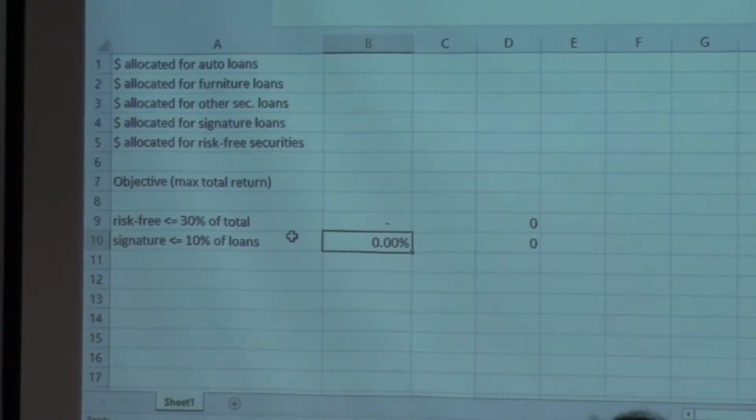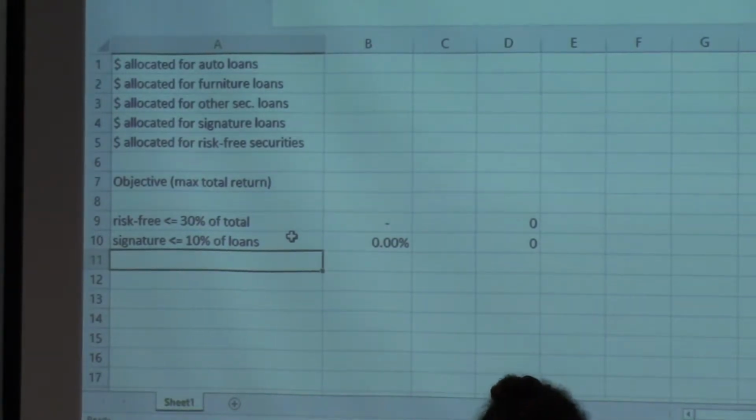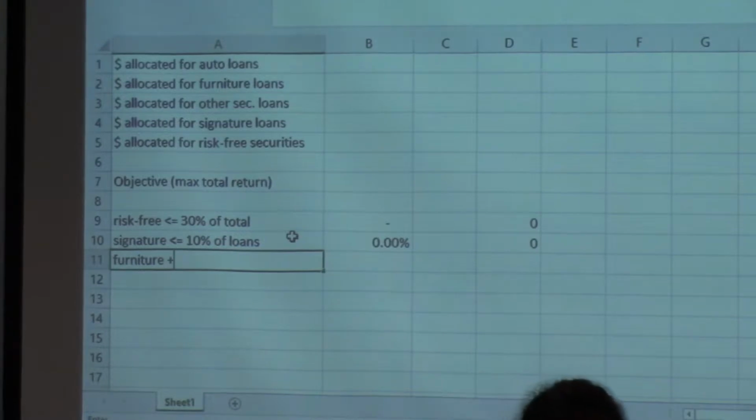Okay, this table over here, what's another constraint that we have for this problem? Furniture loans plus other secured loans may not exceed the automobile loans. So furniture plus other is less than or equal to auto.